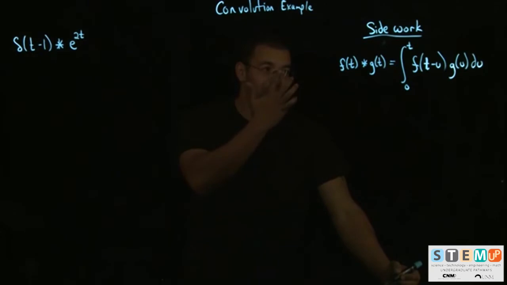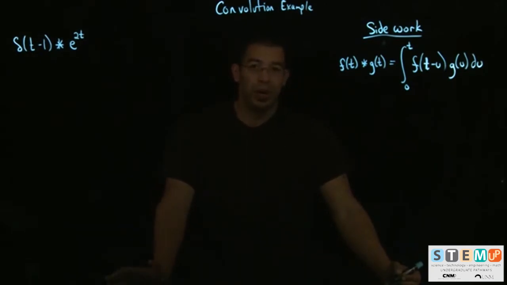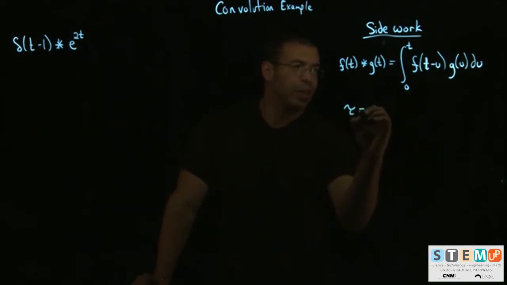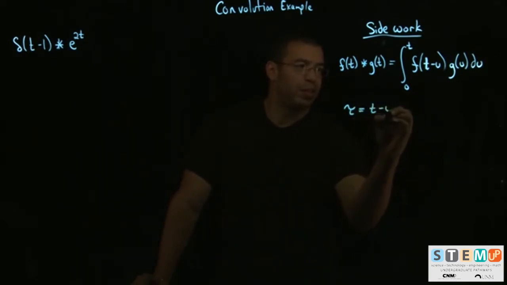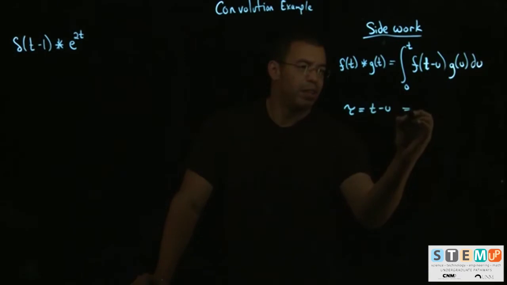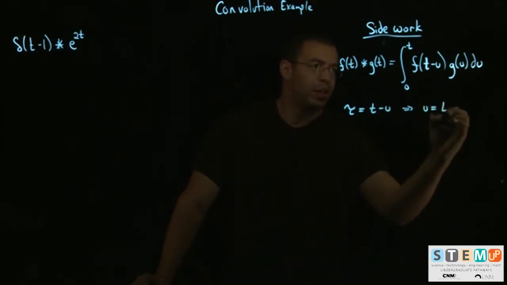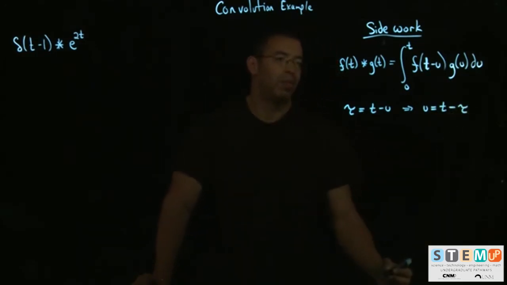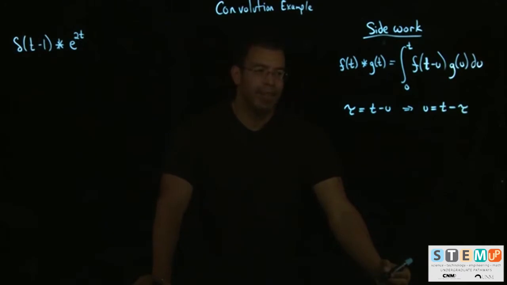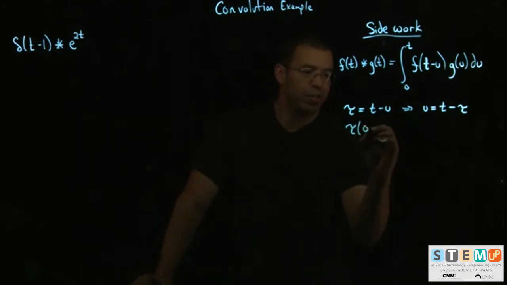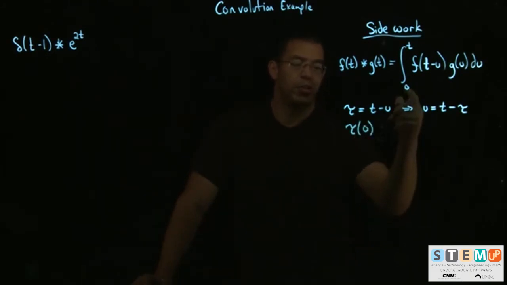So now, if I were to make a quick substitution, right? So let's say I say that tau is equal to t minus u. So that means that u is equal to t minus tau, right? And so if we're doing a substitution, not always, but very often, your teacher's going to want you to change your limits of integration.